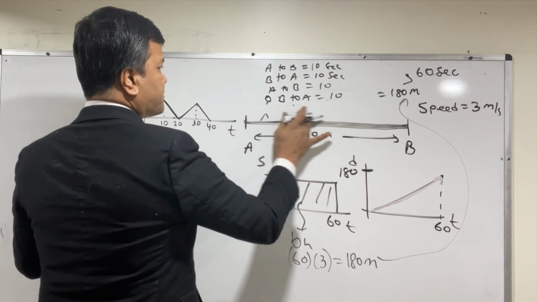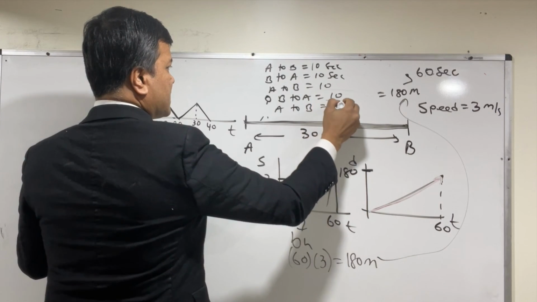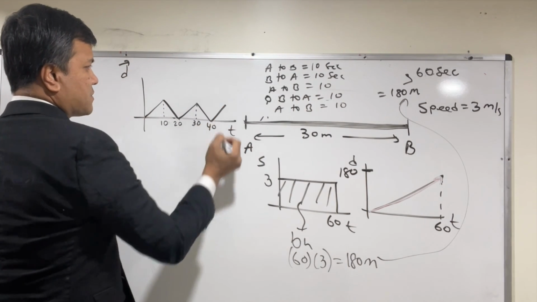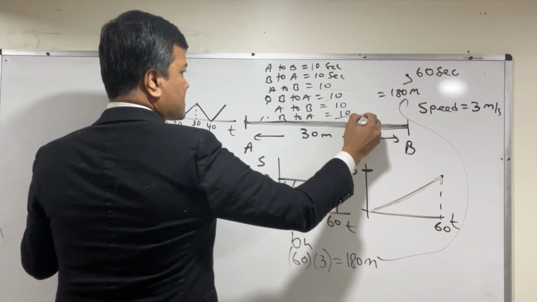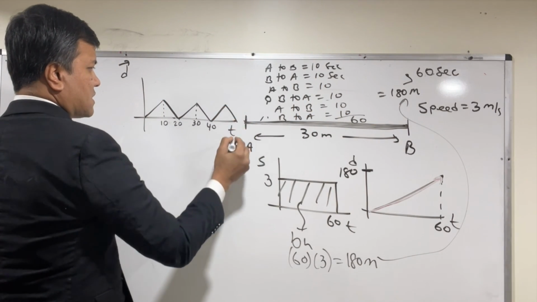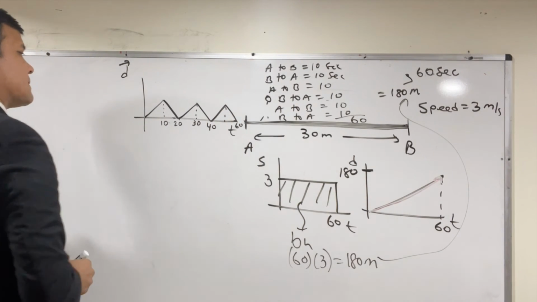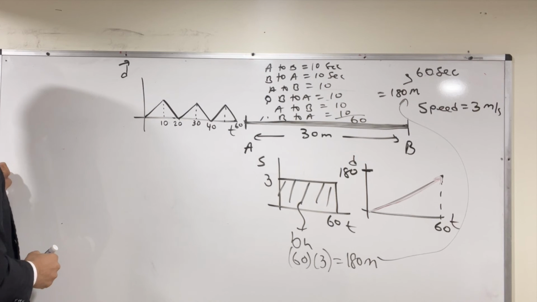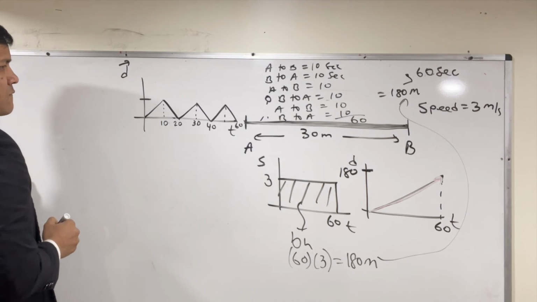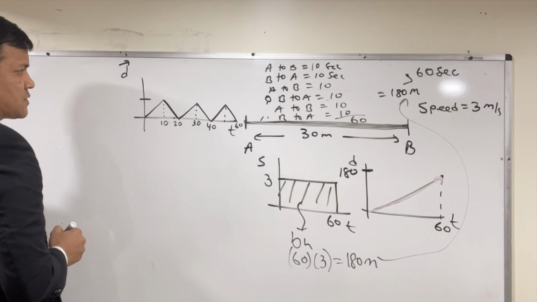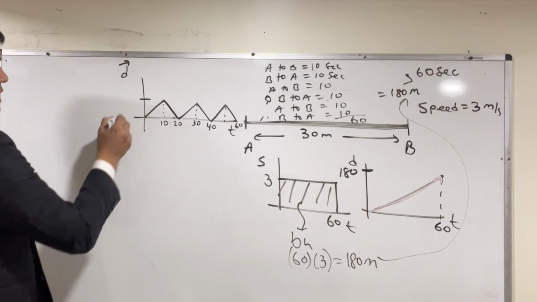A to B, 10, A to B 10, and B to A 10, altogether 60 seconds. And this is 50 and this is 60 seconds. All right, and the displacement is, of course, this is 30, right?